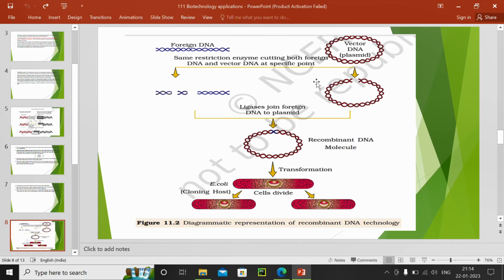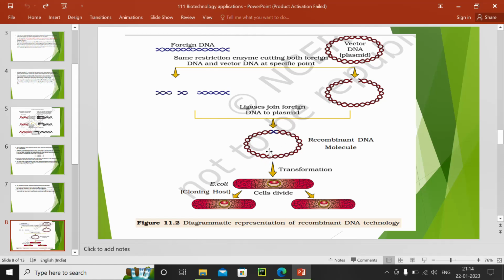This corner comes in contact with this, and this corner comes in contact with this. And when the sticky ends come in contact with each other, that time DNA ligase joins the foreign DNA molecule to the plasmid to form a recombinant DNA molecule.